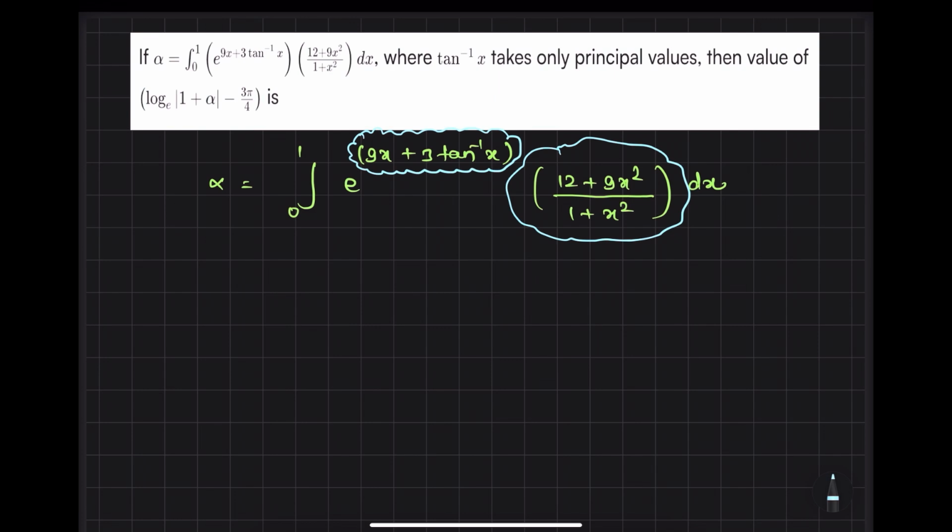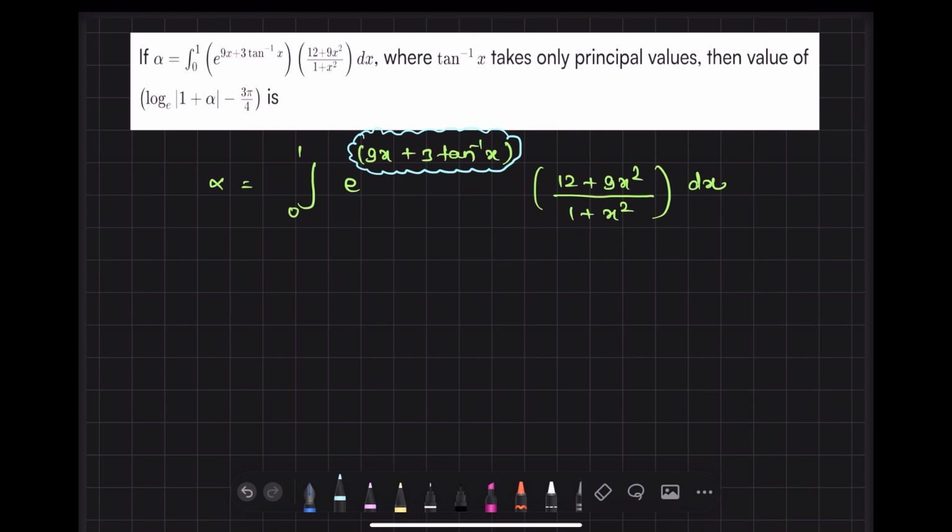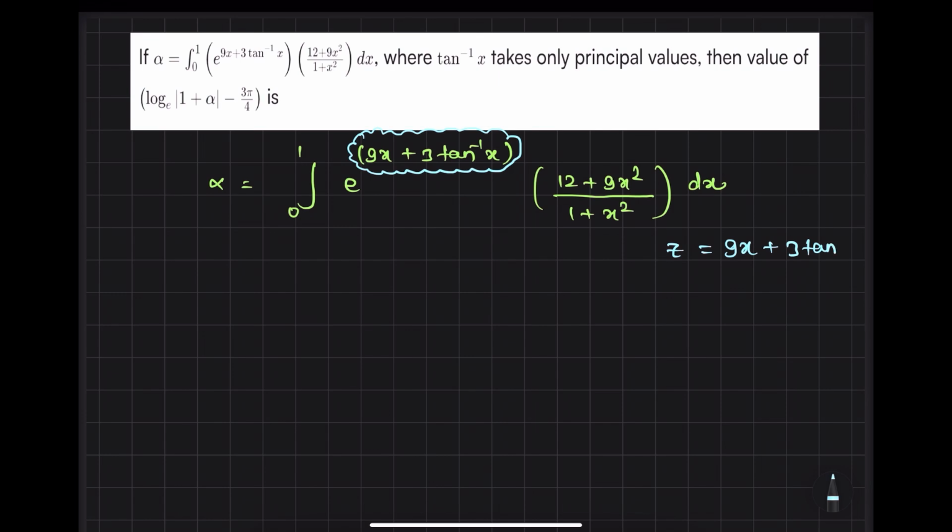Means inside the function, who is more ugly than anything else? Okay, so this power is more annoying. So suppose you have taken this 9x plus 3 tan inverse x as the ugliest thing. Okay, now you know that whenever we take something as z, the limit gets changed.